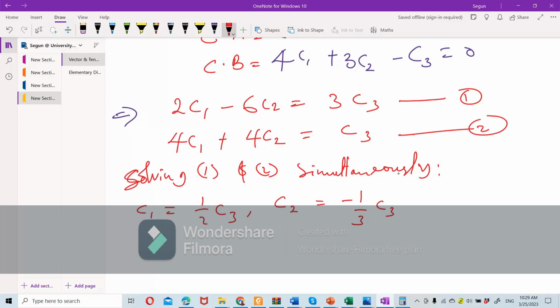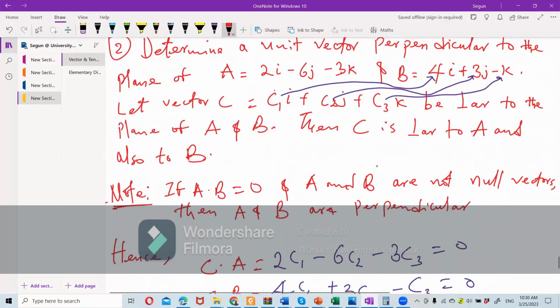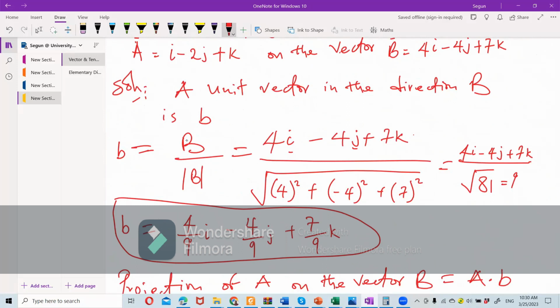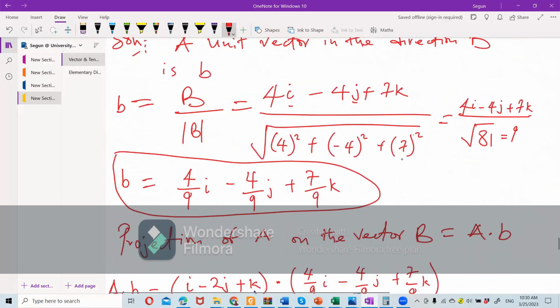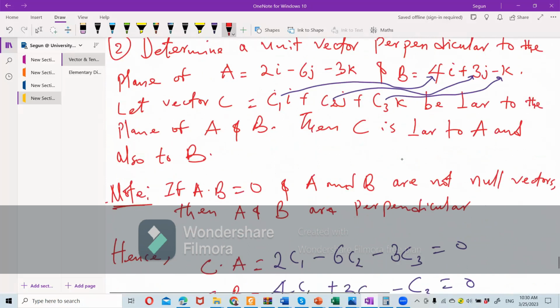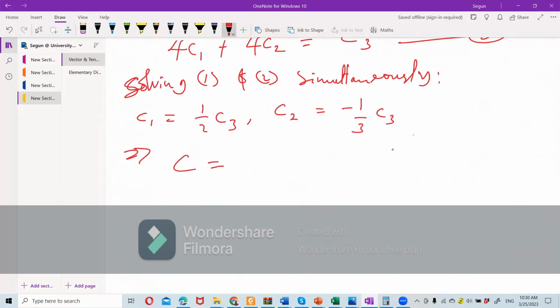So at the end of the day, my C will now equal C3 in brackets 1 all over 2I minus 1 all over 3J plus K.